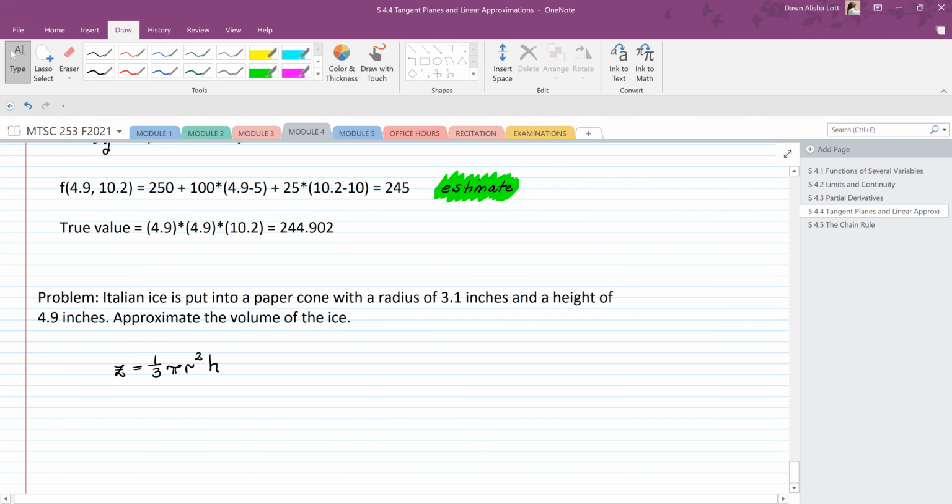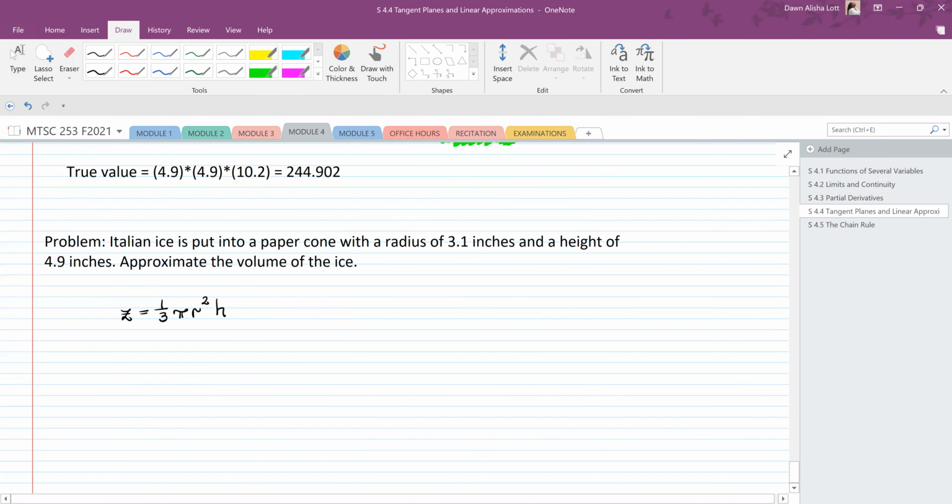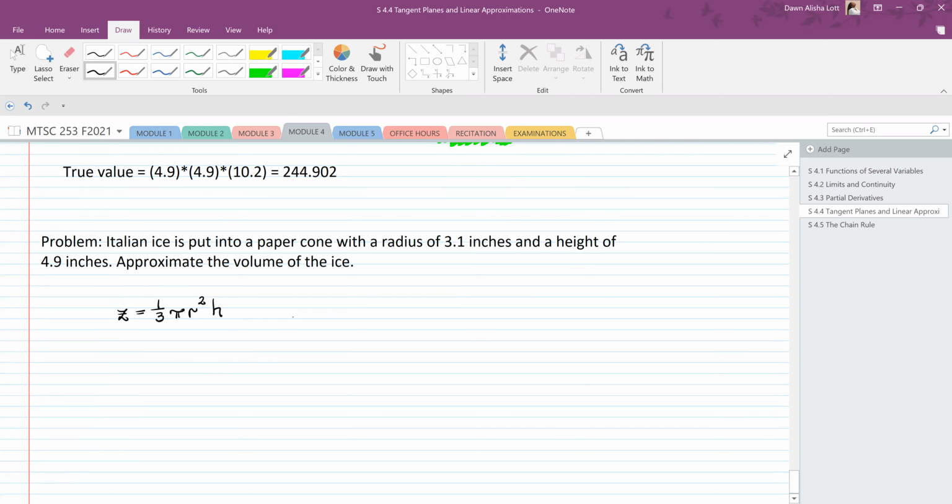And then we need Z sub r, which is going to be 2/3 pi rh, and we're going to need Z sub h, which is 1/3 pi r squared. Okay.